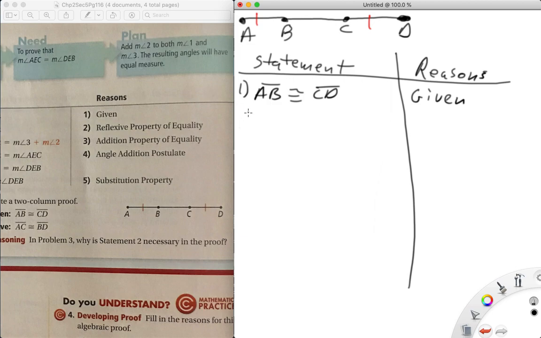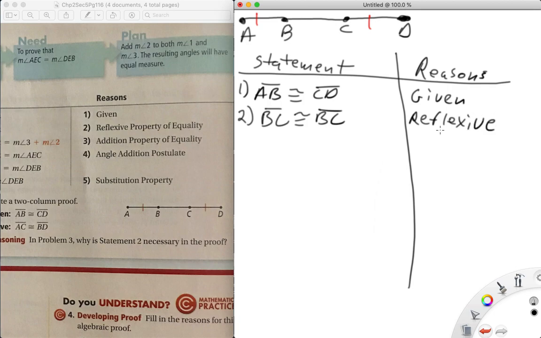We can also say that segment BC is congruent to itself. That's the reflexive property of congruency.